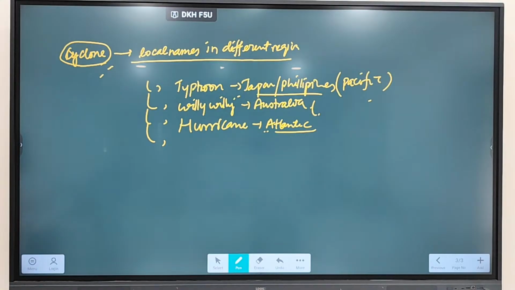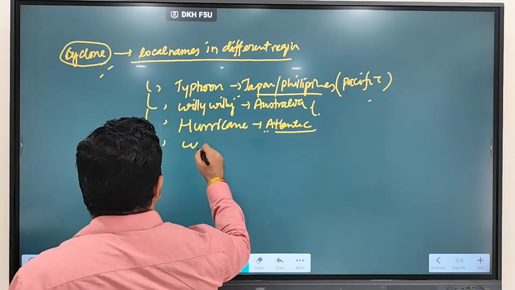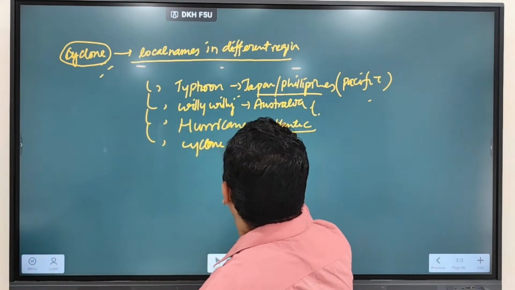When they are originating in the Atlantic Ocean, they are referred to as a hurricane. Clear? And in the Indian Ocean, when they are originating, we use the term cyclones.